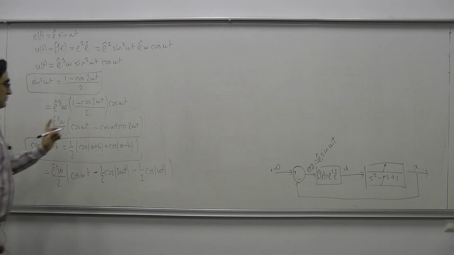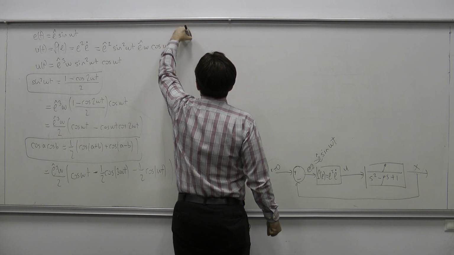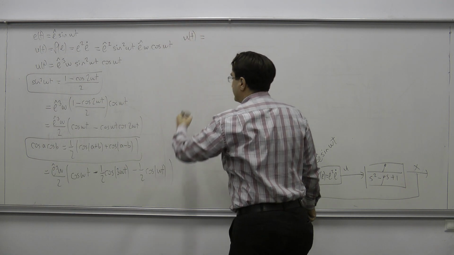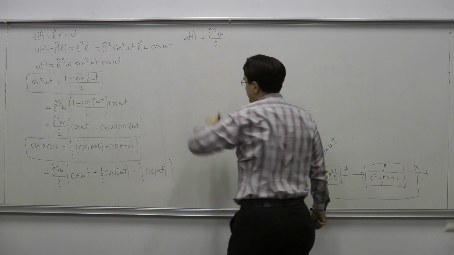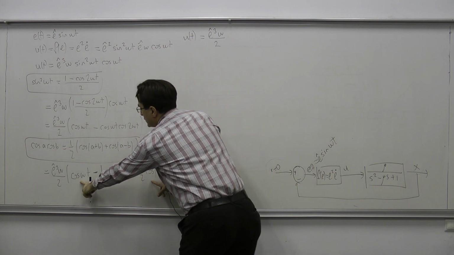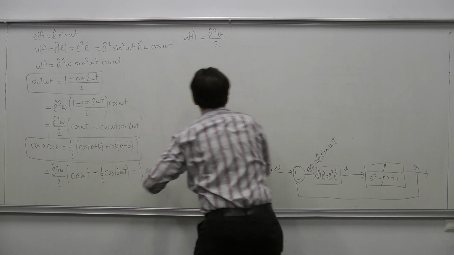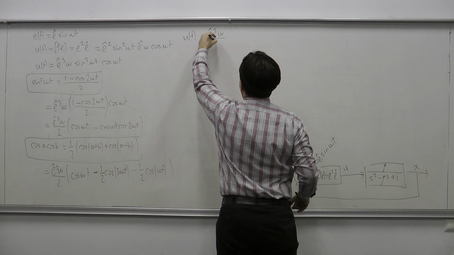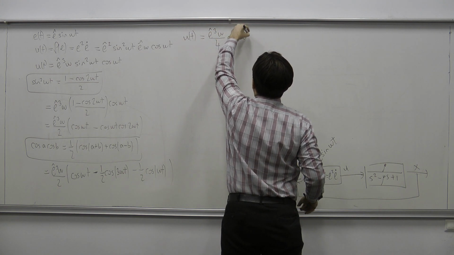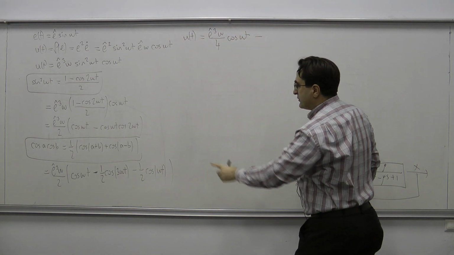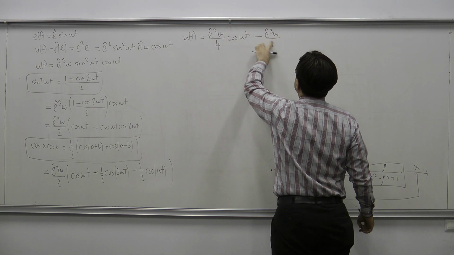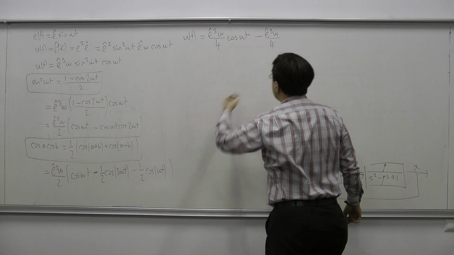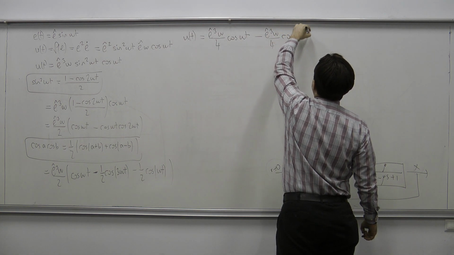So that is going to be equal to u of t equals E hat cube omega over 2 times, I would have 1 over 2 cosine omega t here, so I would make this 4 cosine omega t, and minus E hat cube omega over 4 again, and cosine 3 omega t.